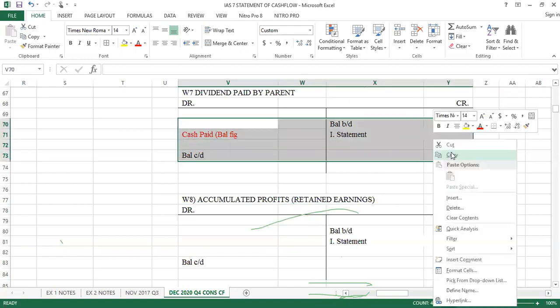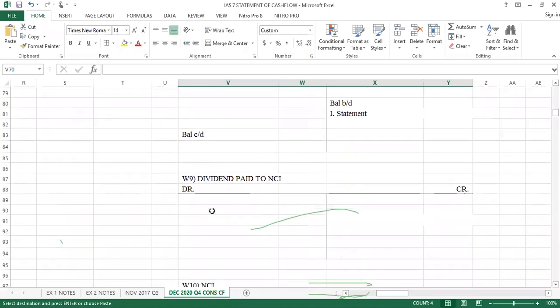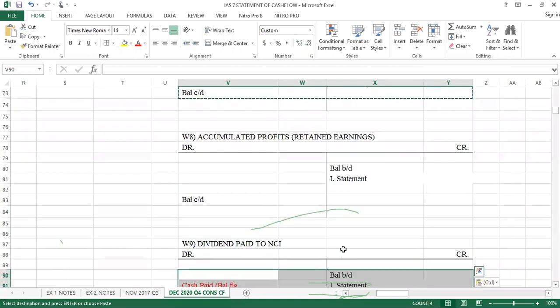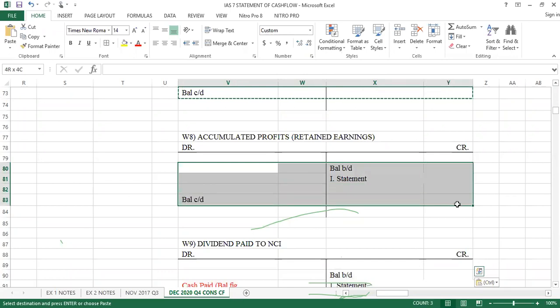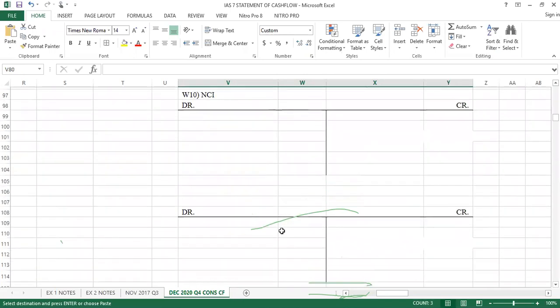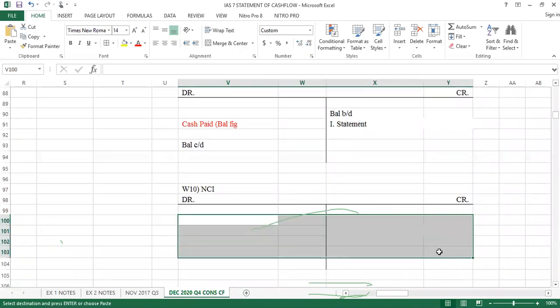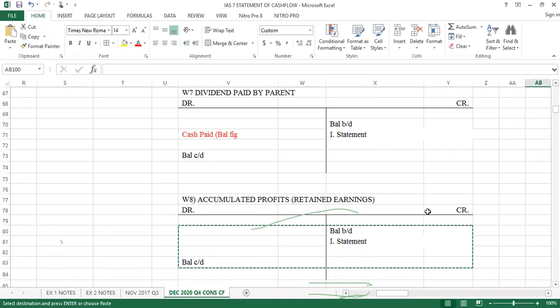I'm just doing this so that I save time of typing. I'll copy these and also paste them there. So I have whatever I need. Let's move very fast.